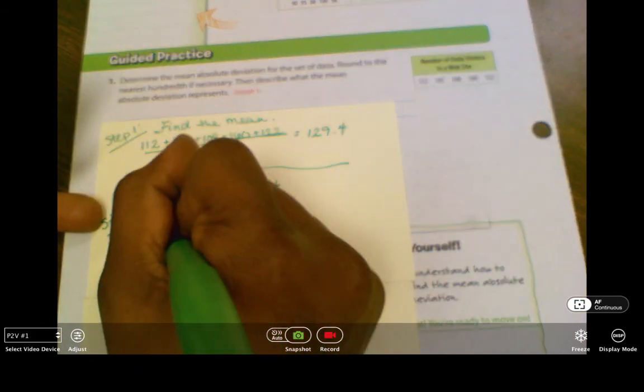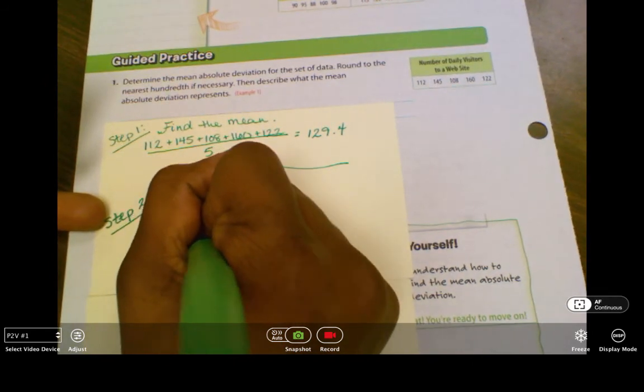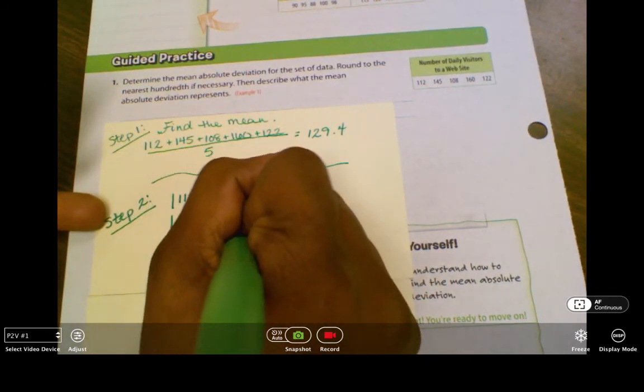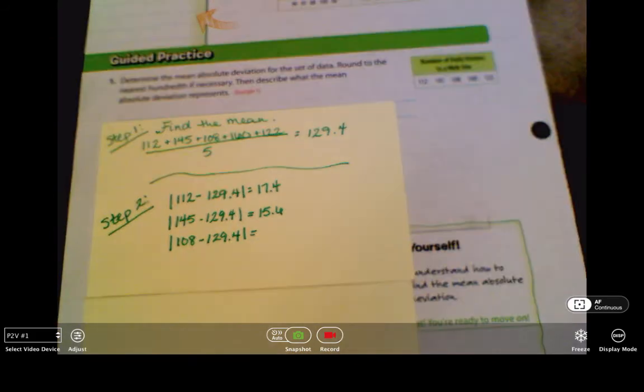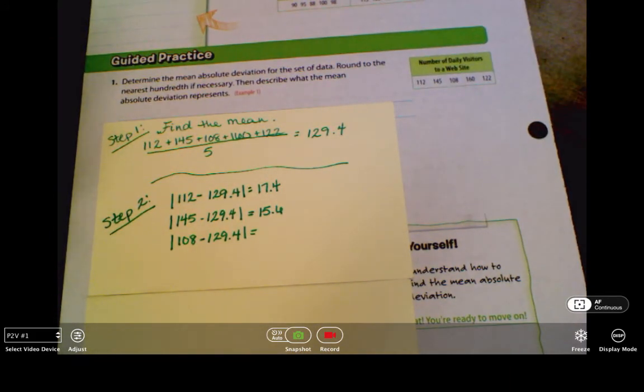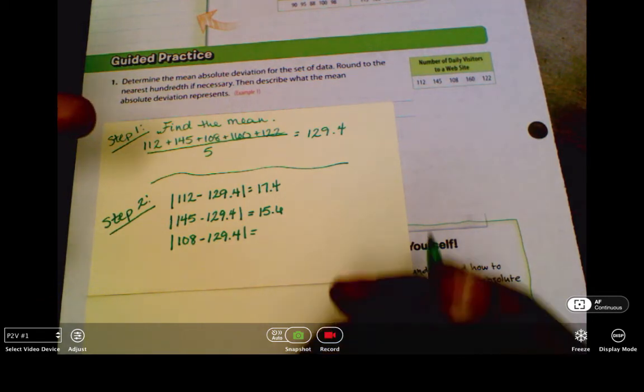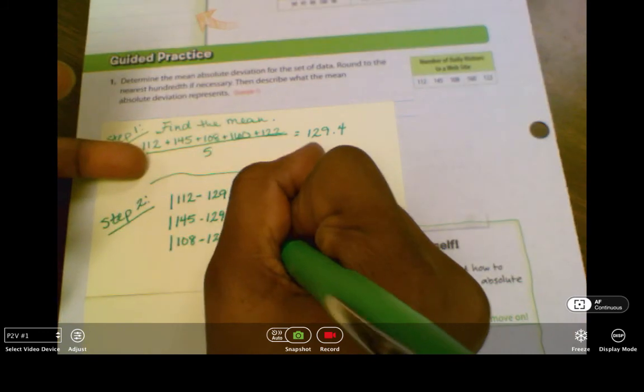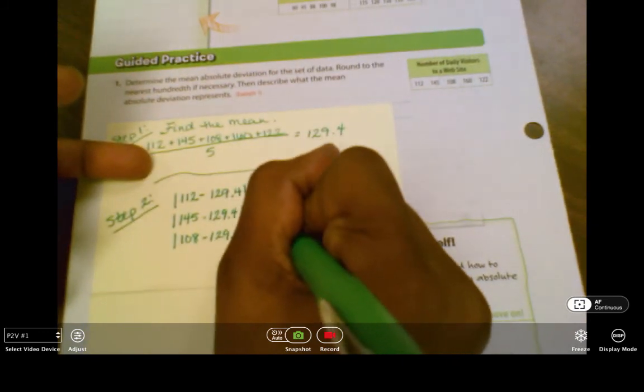The absolute value of 108 minus 129.4, and I'm doing this on the calculator, so when you see my hand going to the side, that's what it's doing. That gives me 21.4.